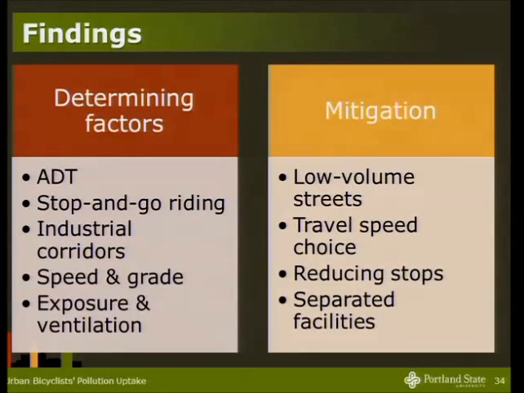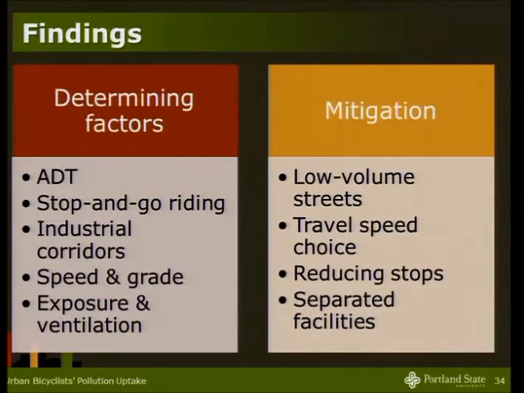Okay, so here are some conclusions. In this research, in terms of research question 1 or research question 2, we quantified a number of determining factors for exposure, ventilation, and uptake. We talked about ADT, stop-and-go riding, industrial corridors, speed and grade, how those all influence exposure and ventilation, which in turn influences uptake rates, or absorbed VOCs.